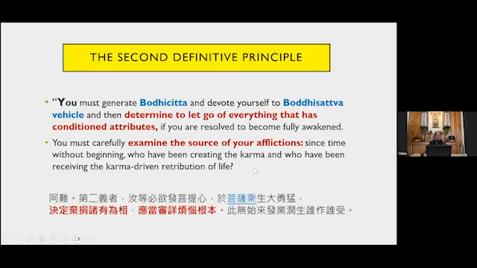So this is the very important foundation for all practitioners, that we have to practice stilling the mind. And the second definitive principle is untie the knot. Okay, so the knot in Buddhist doctrine always refers to affliction. So how can we untie the knot? First of all, we have to generate bodhicitta, because during the process of untying the knot, a lot of things will happen, a lot of difficulties, obstacles, and challenges, and even demonic states.